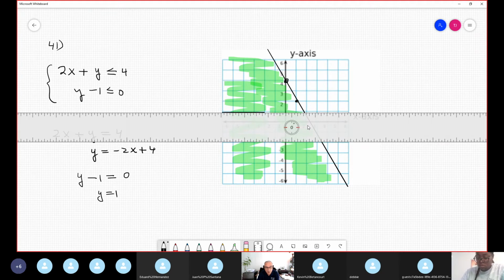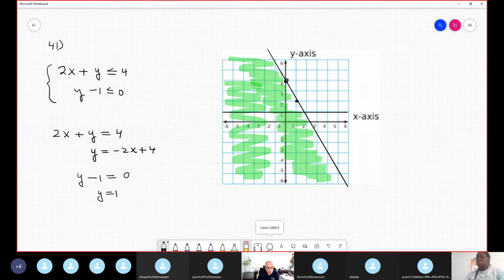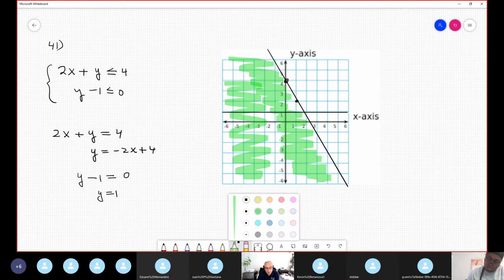And again, in this case, horizontal, we have two possibilities: above or below. It's obvious that it is below, because the rectangle, both are below. Okay, I highlight in green color below this line.